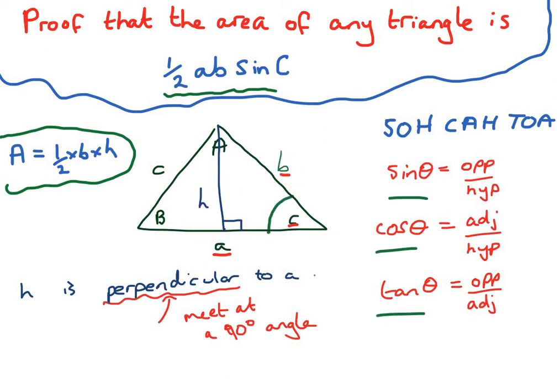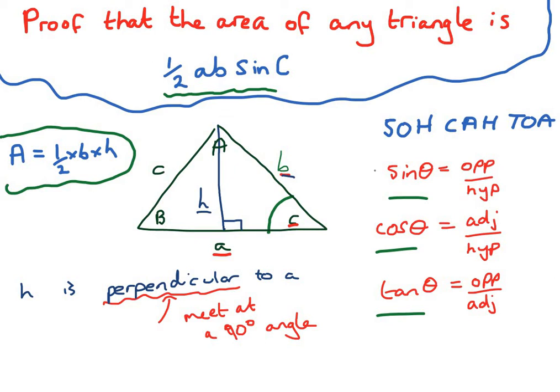Okay, so let's now take a look at this angle C here, which I've highlighted, and let's try and express the angle C as one of these trig ratios here. So we're going to have either sine, cosine, or tangent of C. And let's look at H and B. Now, what are H and B in relation to C? Well, H is the opposite, and B is the hypotenuse.